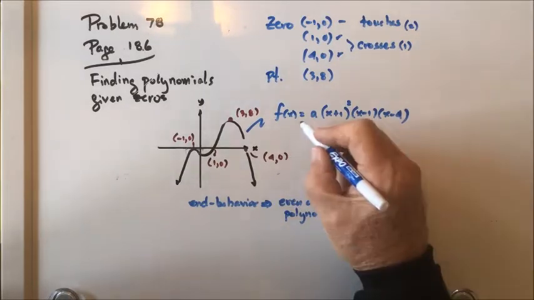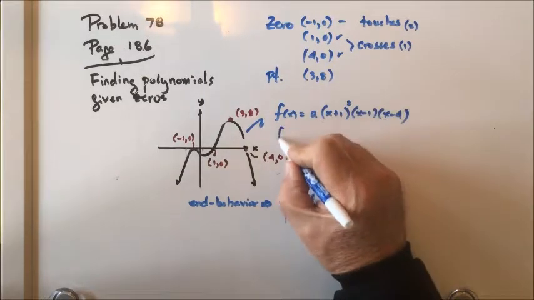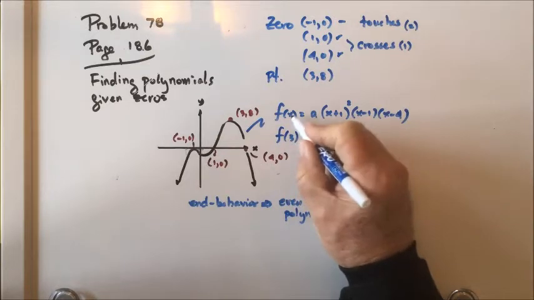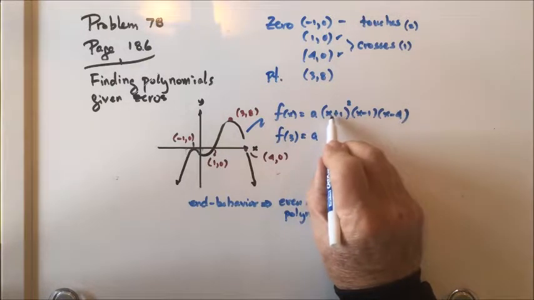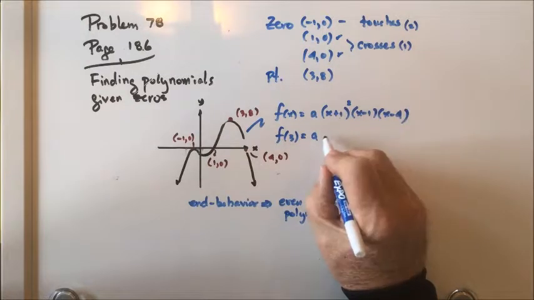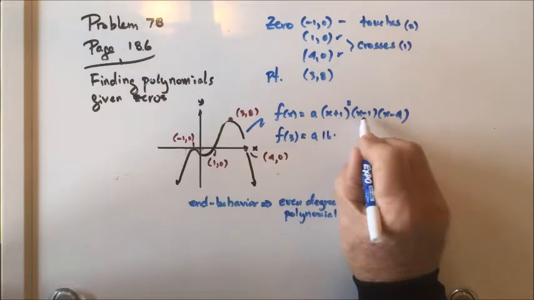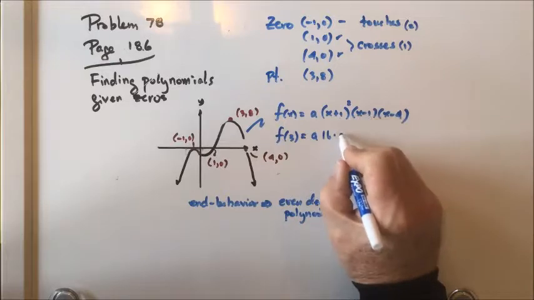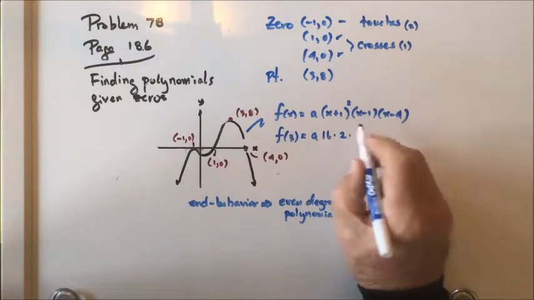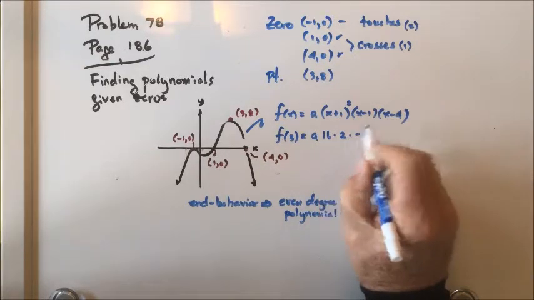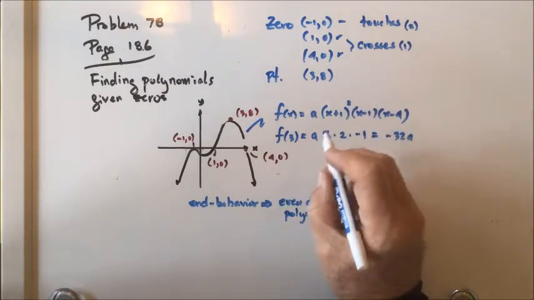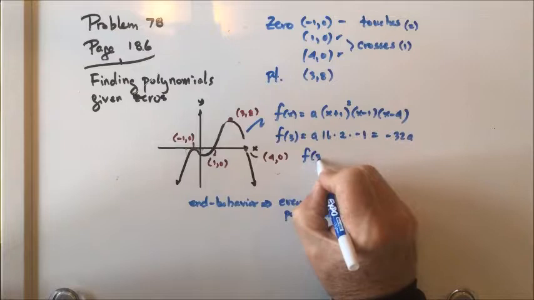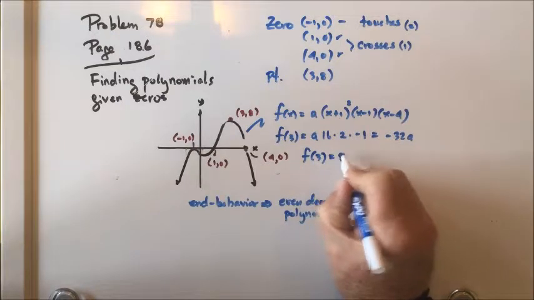So the last thing I want to do is to scale this thing properly. If I put 3 into this function, I get out a times, let's see, 3 plus 1 is 4, squared is 16, 3 minus 1 is 2, 3 minus 4 is -1, that's minus 32a, and I want it to be equal to 8.